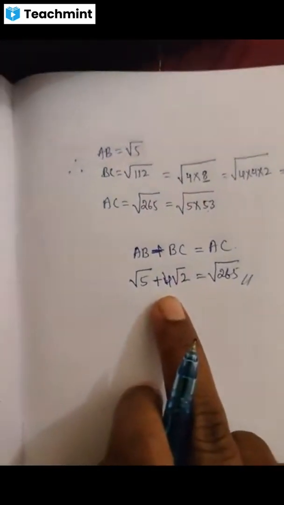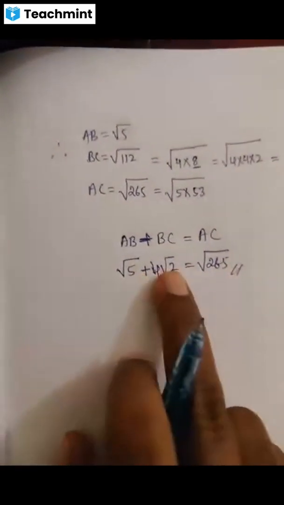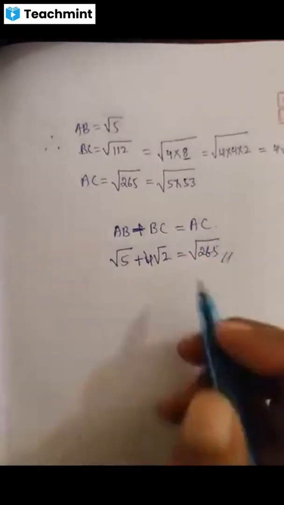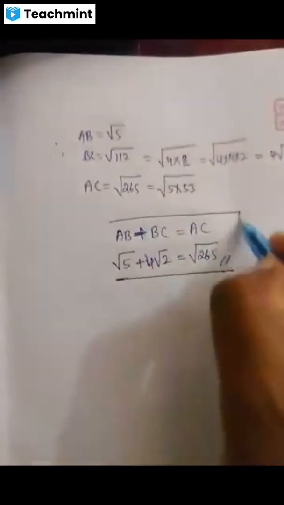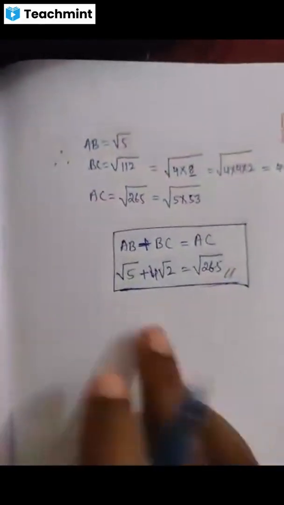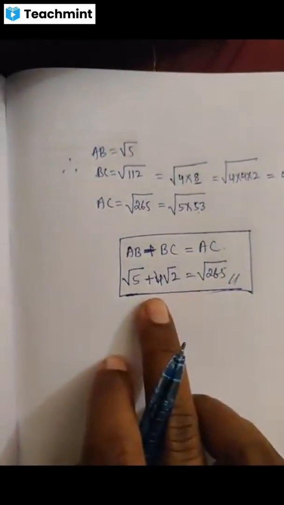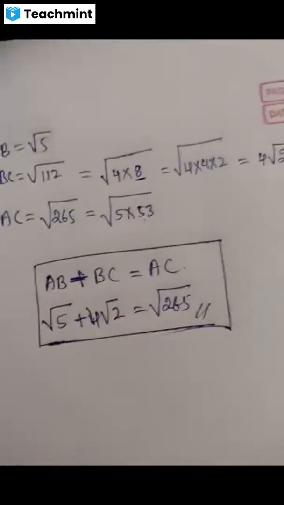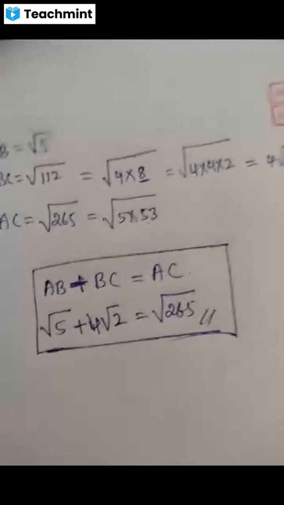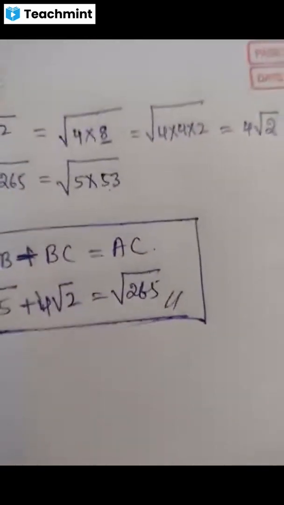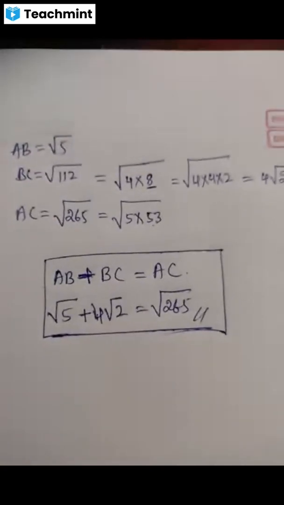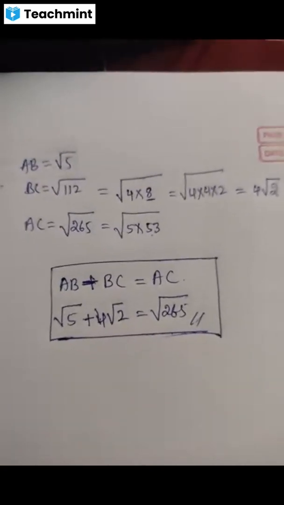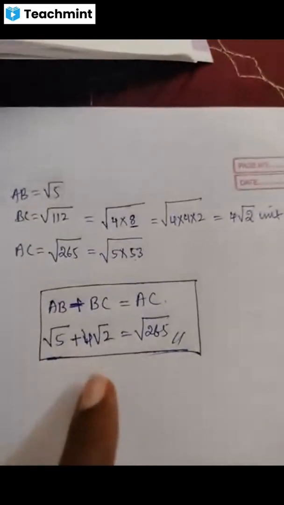If you calculate the root values separately, you will get this condition. Root problems we will solve later. That one already came in 9th standard, so while revisioning I will solve this one. Okay, so this one condition, write it.